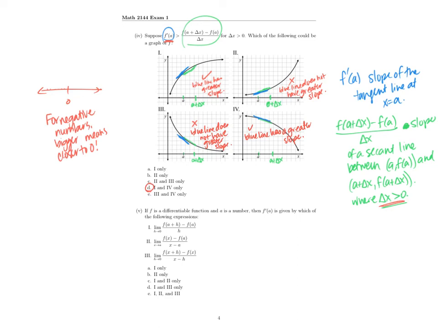So that's D. Okay, the next one: if f is a differentiable function and a is a number, f prime of a is given by which of the following expressions? Okay, so f prime of a, our general one that we use with h going to 0, is this one. This is the one we usually see in the textbook.